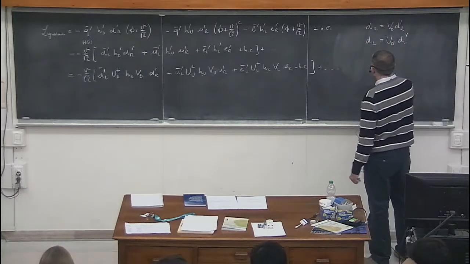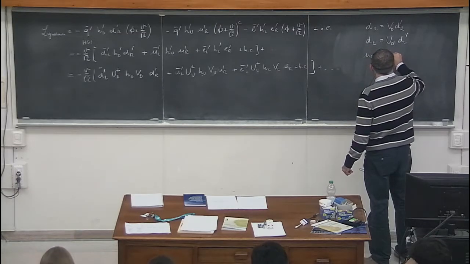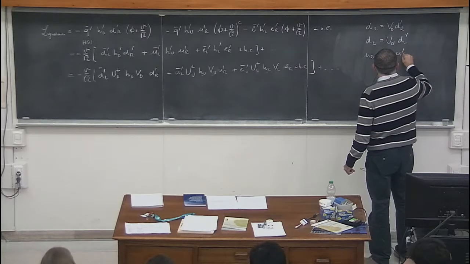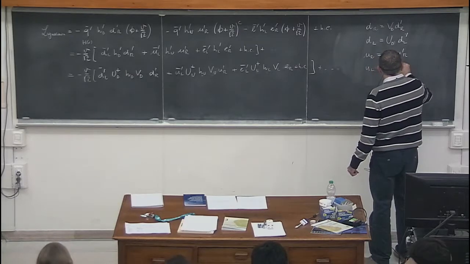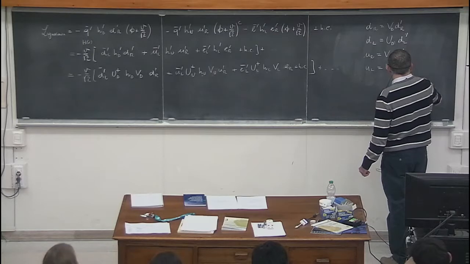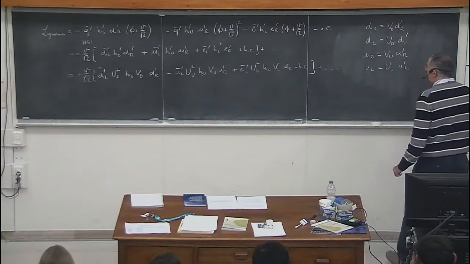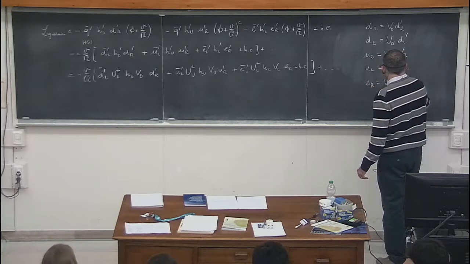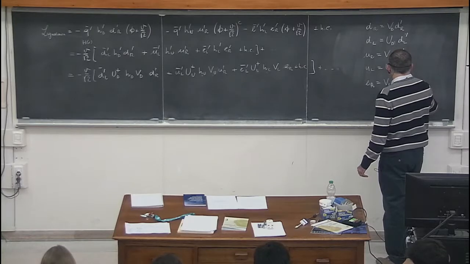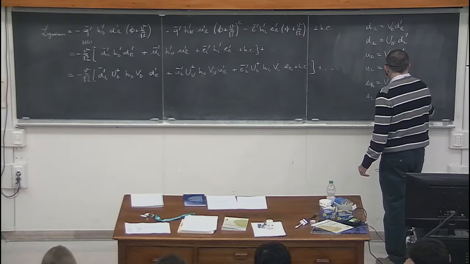And so on. And E right equal V left E prime right, and E left equal U left E prime left.